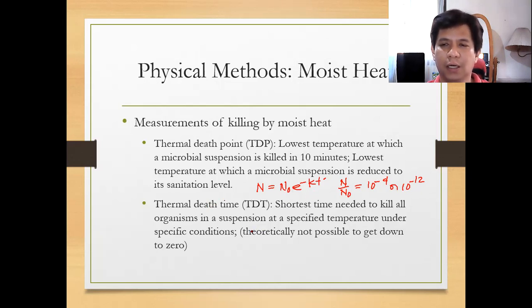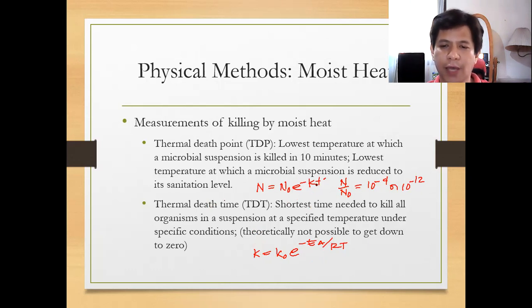Just like our previous calculation. So, if you still remember the Arrhenius equation, pag alam niyo na yung K value, this is equal to yung K sub O times E to the negative activation energy E sub A divided by RT. So, yun. Just use your calculator to solve the thermal death point. Itong T na to, ito yung magiging thermal death point. Okay?